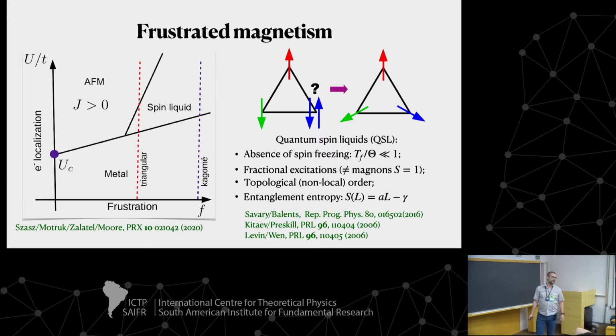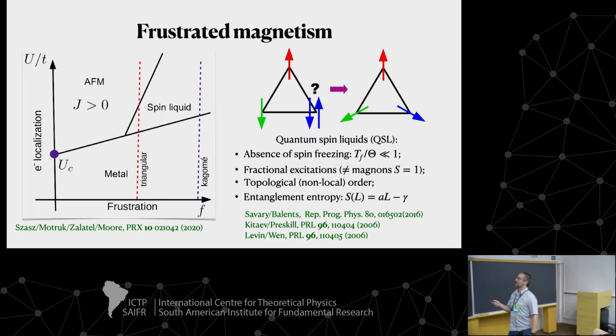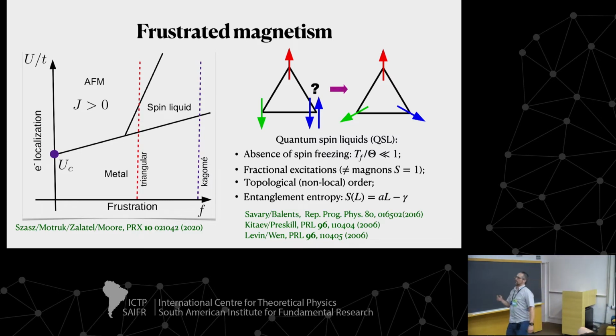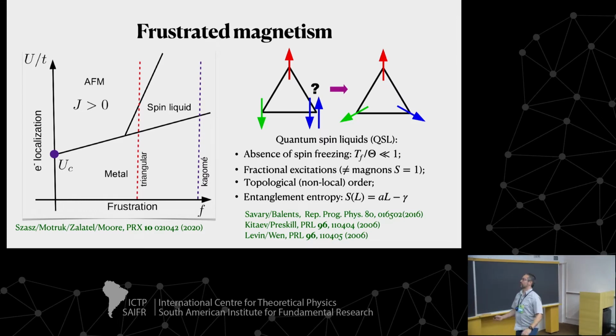Theta here is the Curie-Weiss temperature, just an energy scale in your problem, which is nice. In the spin liquid state, you usually have fractional excitations, which means the low energy excitations are not magnons. For instance, they can be spinons or Majorana fermions, as I'll show in this talk. So this is something interesting. Usually, you have topological order.